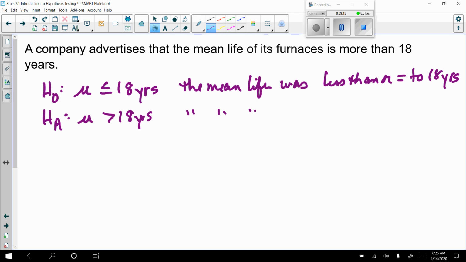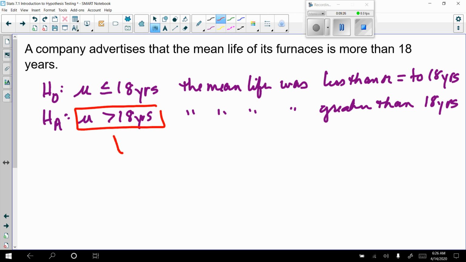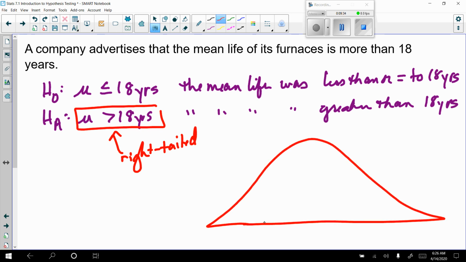The mean life was greater than 18 years. This defines what type of tail it is. This is a right-tailed. That means that this would be the p-value located on the right.